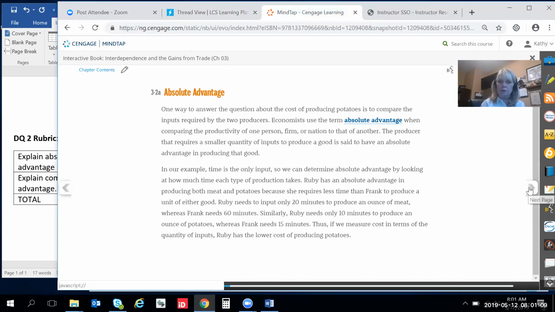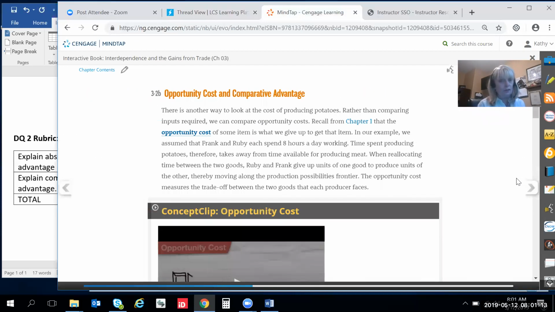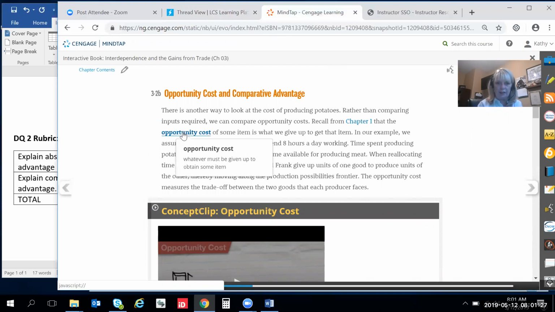So then we go to section 3.2b, and we find, first of all, opportunity cost discussed. Why is opportunity cost discussed first? Because opportunity cost determines who has comparative advantage. So opportunity cost, it turns out, is whatever must be given up to obtain some other item. So in other words, it's what you give up for the choice you make.